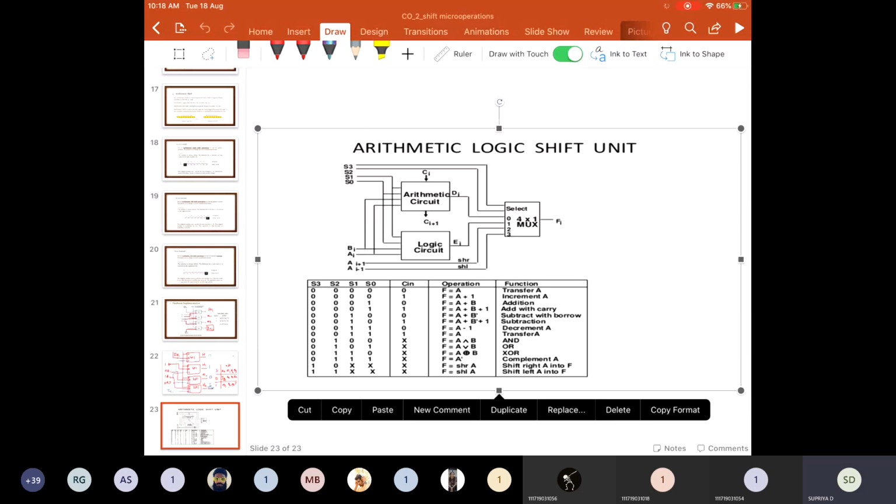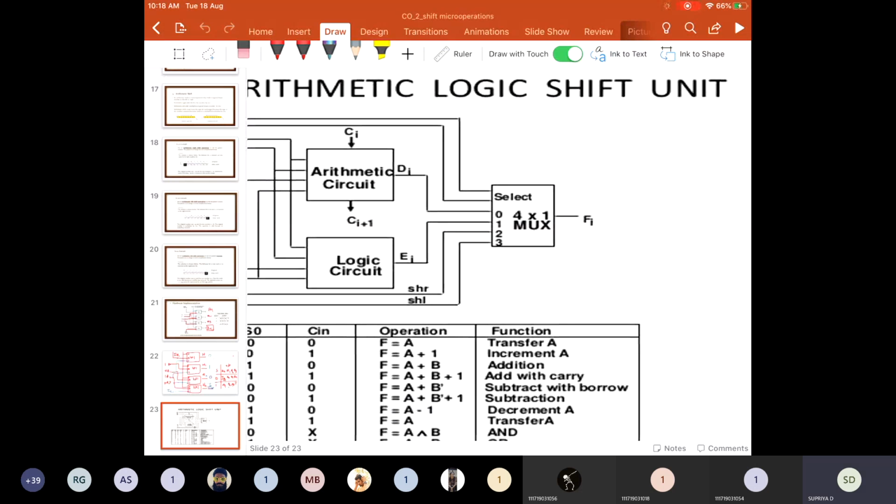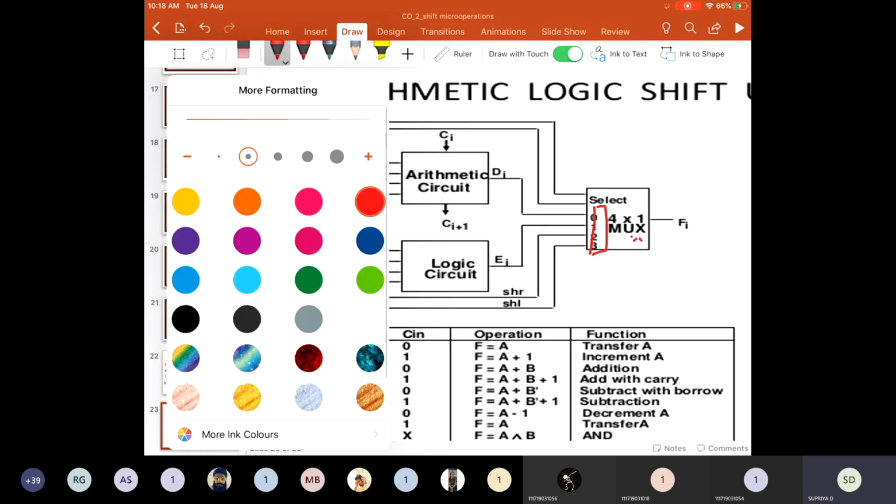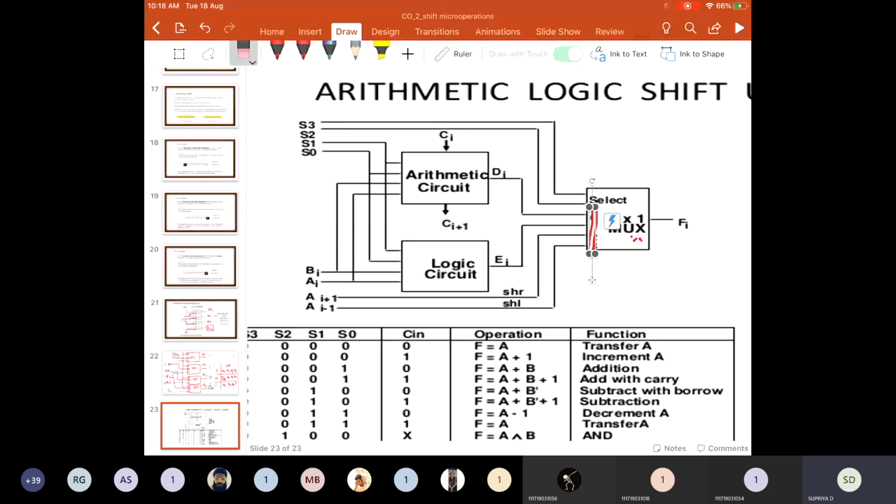The final output for all the arithmetic, logic and shift operations depends upon the input that you give to the lines 0, 1, 2, 3. These inputs of this final multiplexer define what operation is performed in this circuit. The zeroth line of this multiplexer is connected to the output of the arithmetic circuit, DI.